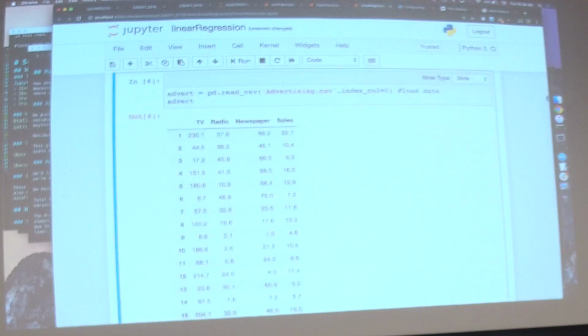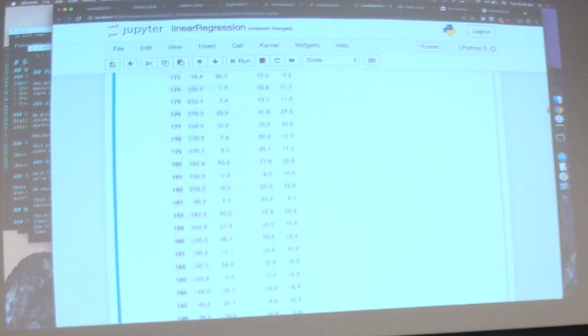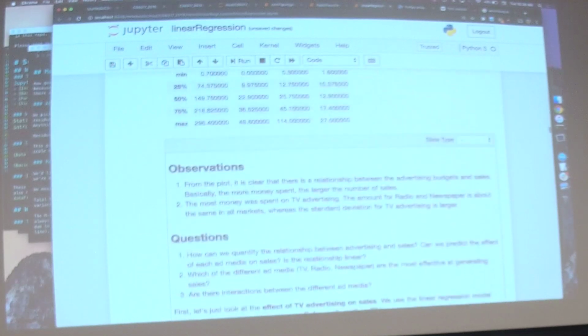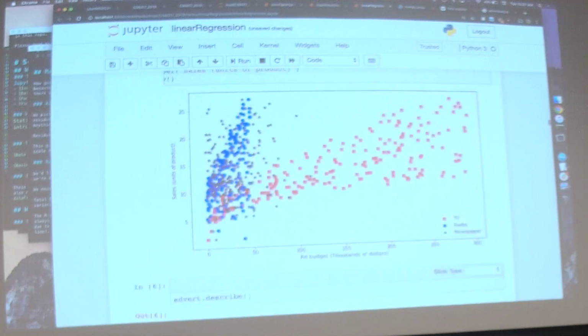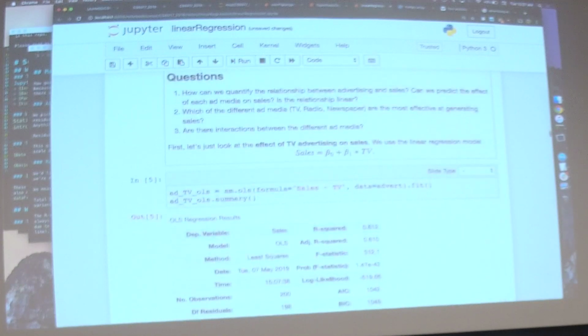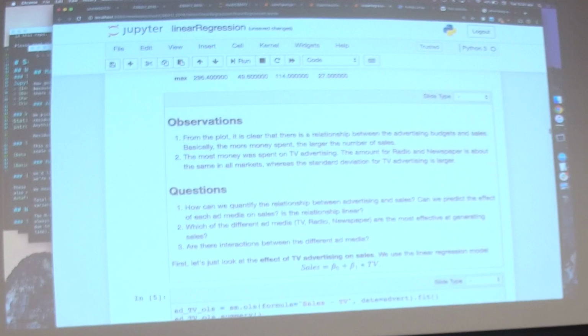Cool. So one thing we could try to do at this point is start to figure out numerically what these relationships are.